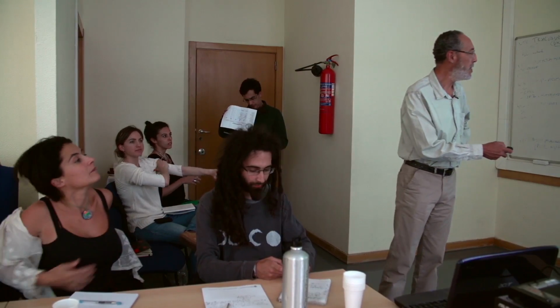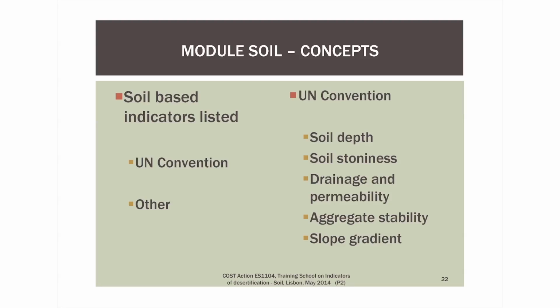I joined them, they are actually two indicators in the UN Convention list, because they do not address the same thing, but the result is not so different in the most common situations we have.